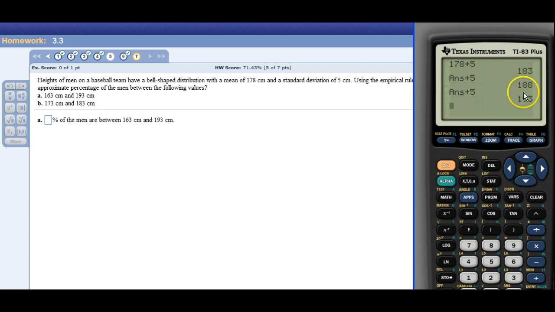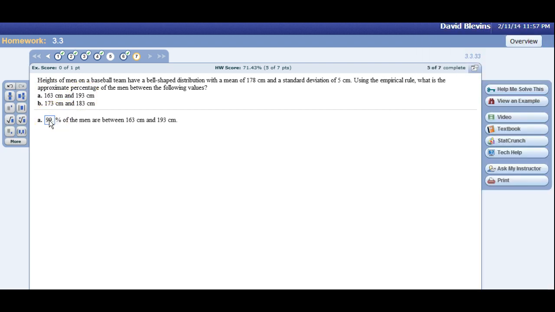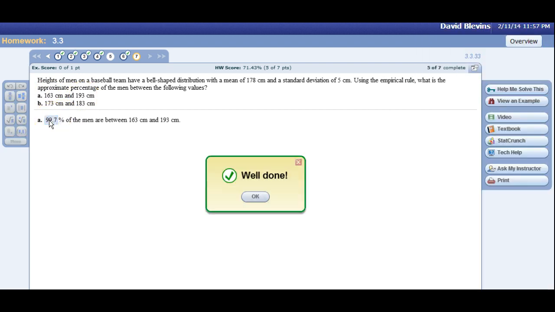So there's the 3 numbers that are above the mean. And then if I take this 178 and subtract 5 3 times, there's 1 standard deviation below, there's 2 standard deviations below, and there's 3 standard deviations below. So this is 3 below, this is 3 above. So that's roughly 99.7 according to the empirical rule.